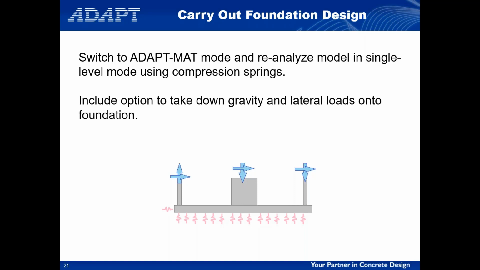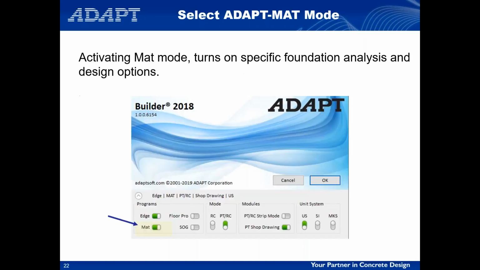And so we're going to run it in mat with the spring supports. Most importantly, you want to make sure you're selecting the right options to do the load takedown for gravity and lateral loads. First of all, remember when you're reopening, it's the same exact model. All you're doing is closing the model, saving what we've done before, and opening it, and this time it's going to be in mat mode.